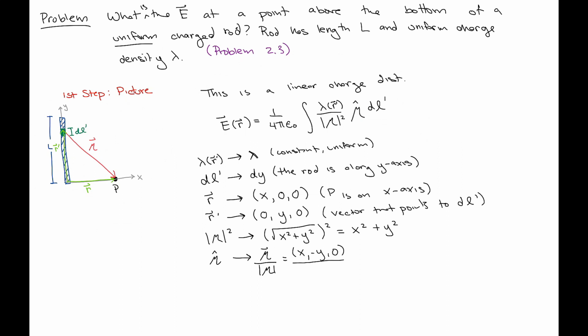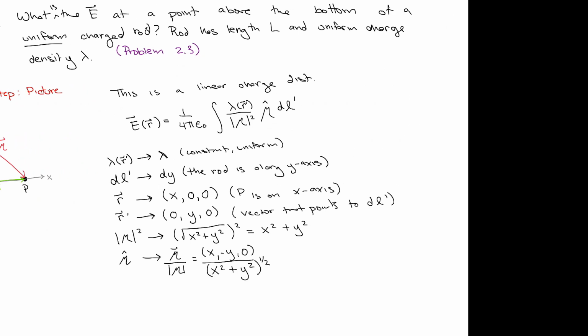The magnitude of that is x squared plus y squared, and then I need to take the square root of that, so to the 1/2. Basically, what I've done is recast the parts of this integral, taking into consideration the picture that I drew and using Cartesian coordinates, which are going to allow me to do this integral a little bit easier.